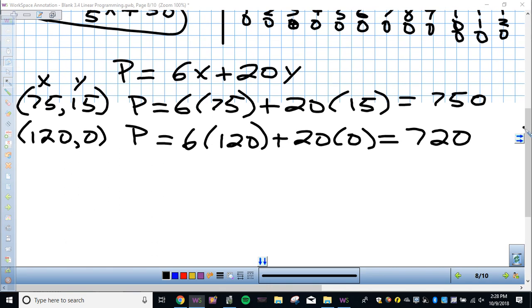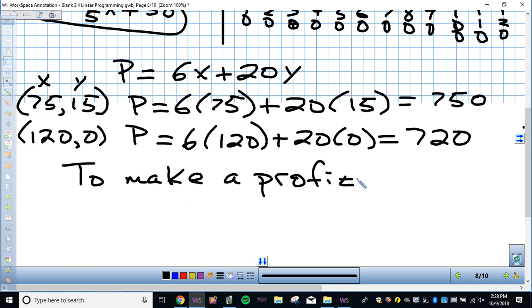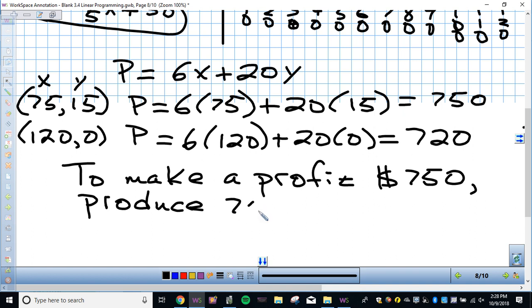The 3 elements I need in your profit statement are how much money you made, how much X you should produce, and how much Y you should produce. So those 3 things you got to say. So I'm going to write it like this. To make a profit of $750, you should produce 75 T-shirts and 15 sweatshirts.